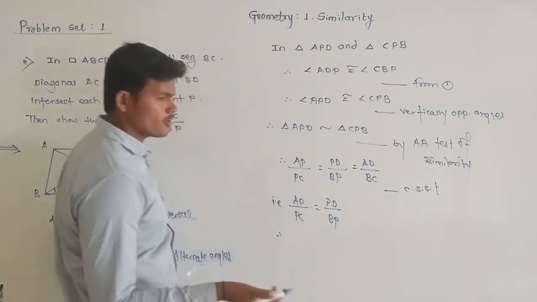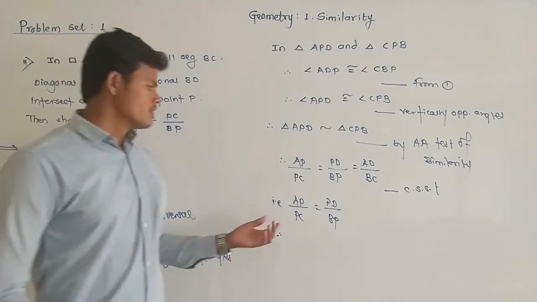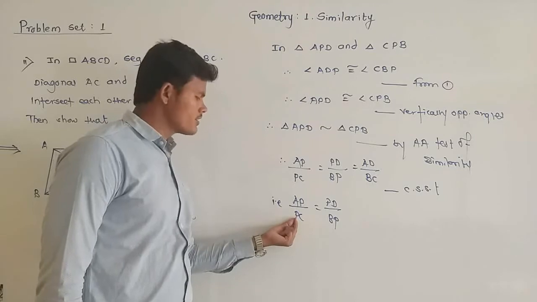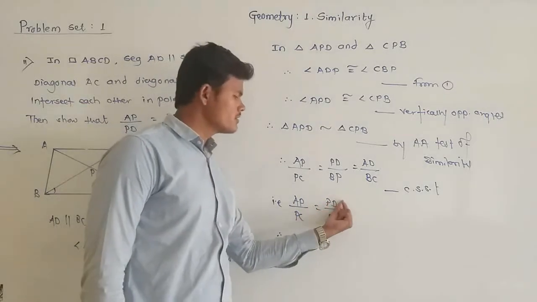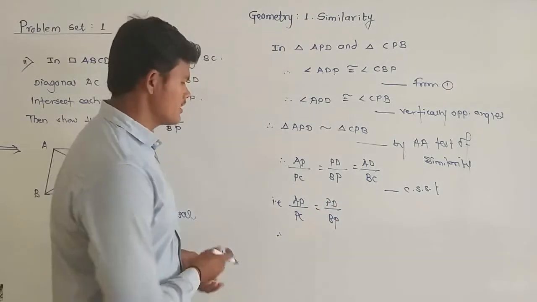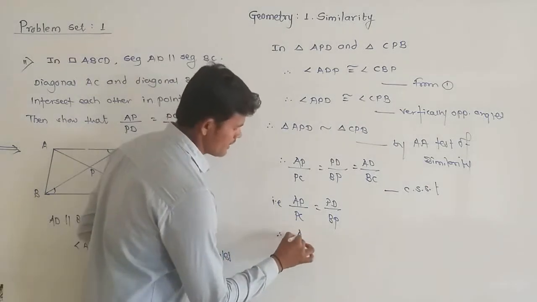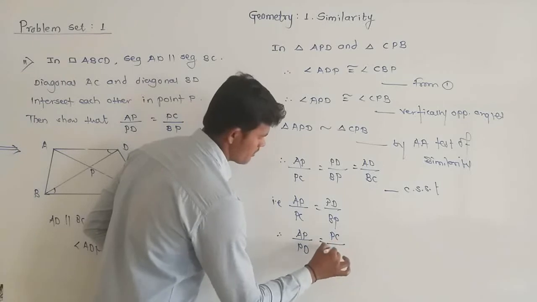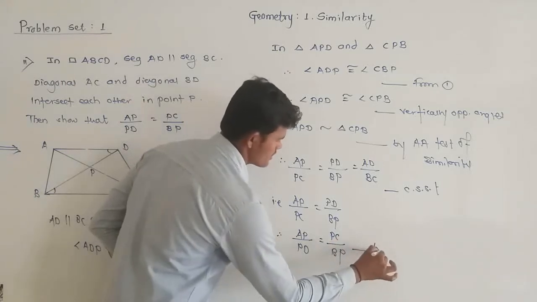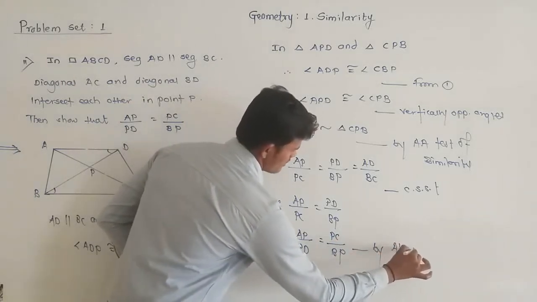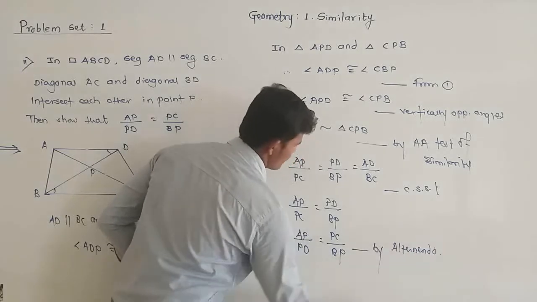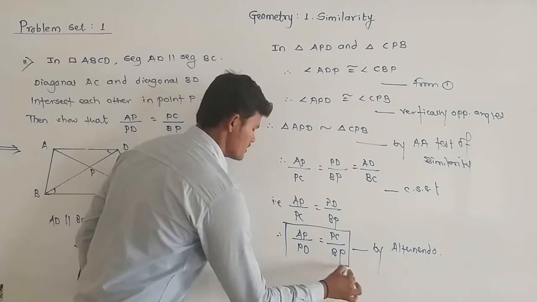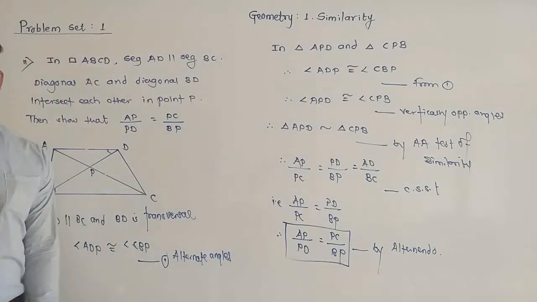What does alternando operation state? If both the ratios are equal, then the second quantity of the first ratio is exchanged with the first quantity of the second ratio. So we get AP upon PD is equal to PC upon BP by using alternando operation.